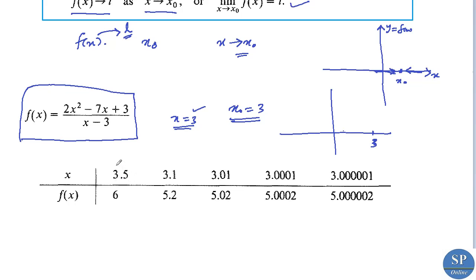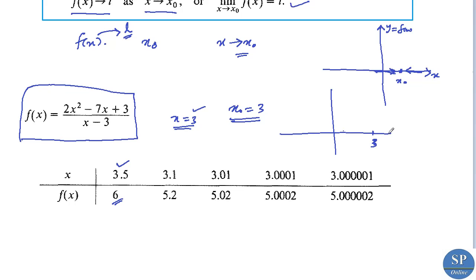At the point x equal to 3.5, we have the value 2 into 3.5 whole squared minus 7 into 3.5 plus 3 divided by 3.5 minus 3. So the answer will be 6. So when x equal to 3.5, we have the value 6 for f of x.